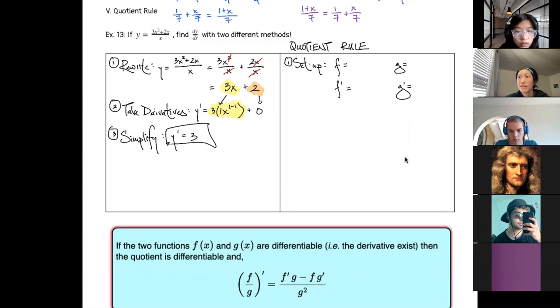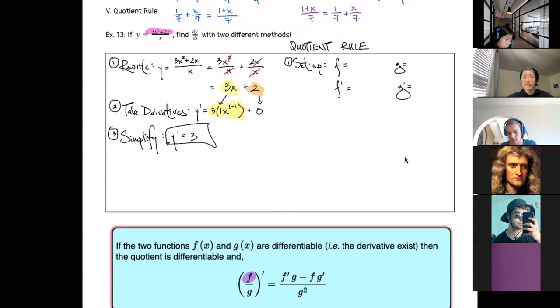F is, let's go back to our original problem. So if we go back to the original, if I look at the formula, F is the part in the top. That means this whole thing here, 3x squared plus 2x, that's our F. Okay, F is on the top.